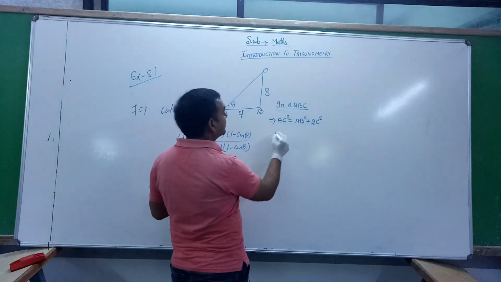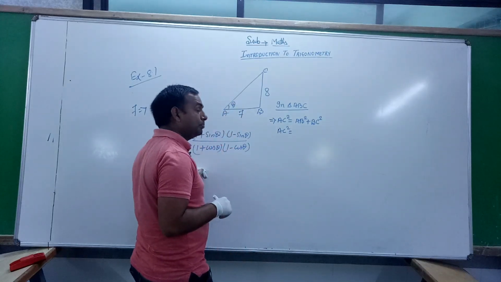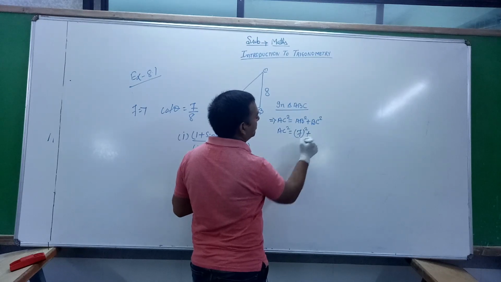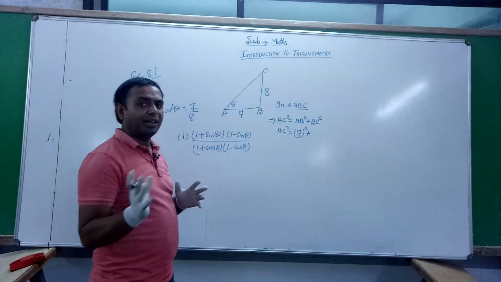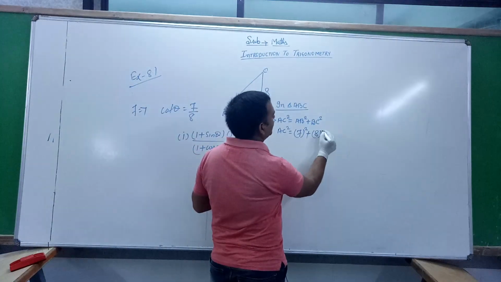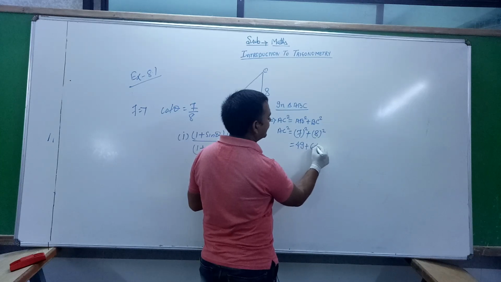Here AC square is not given, so AC square is equal to AB square, the value of AB is 7, so 7 square, plus BC, the value of BC is also given, that is 8, so 8 square. 7 7s are 49, plus 8 8s are 64.